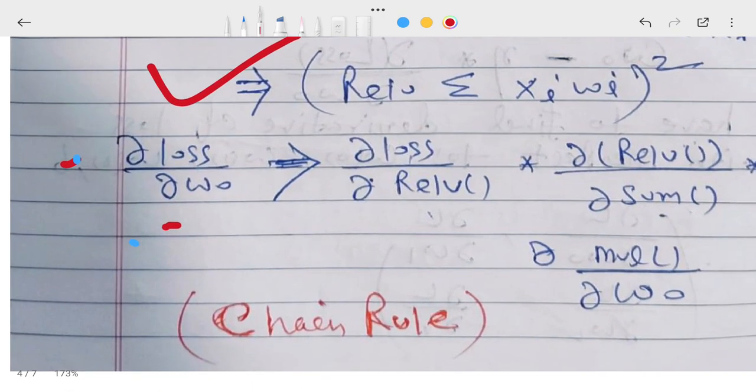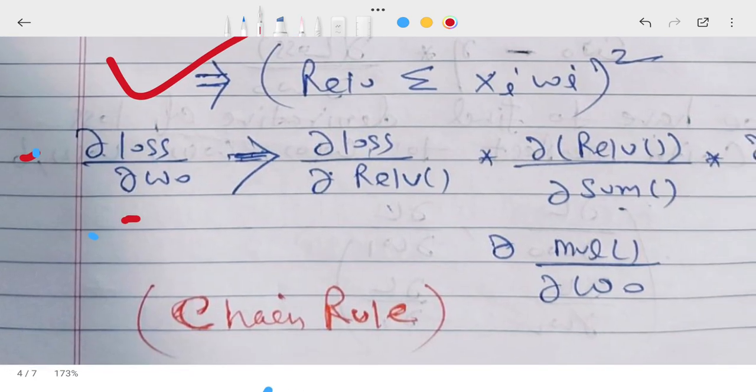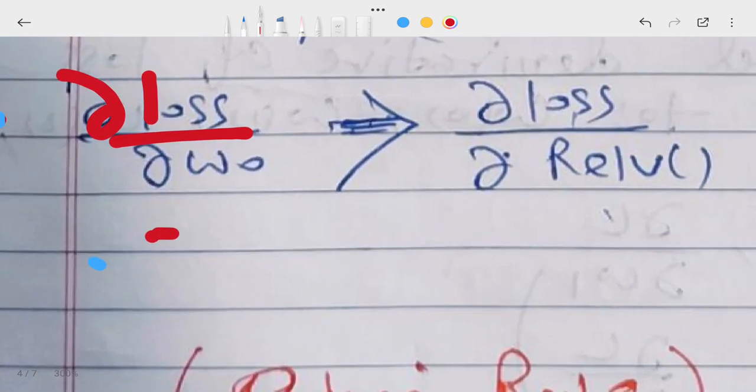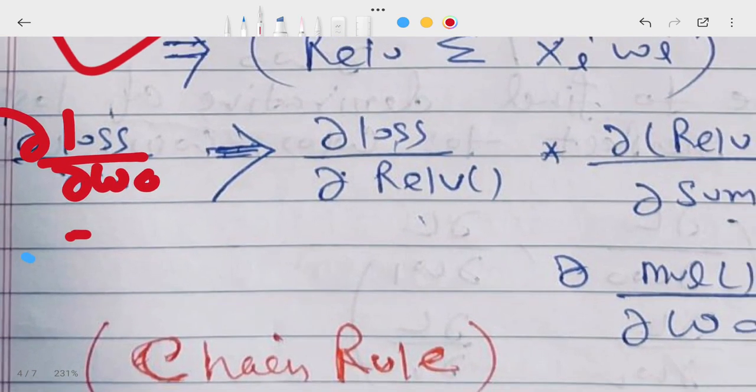If I want to find the derivative of loss with respect to W0, what am I writing? dLoss upon dW0. Now see here.